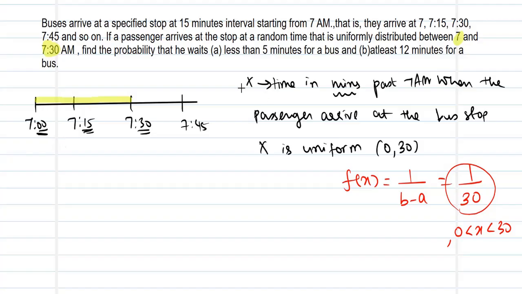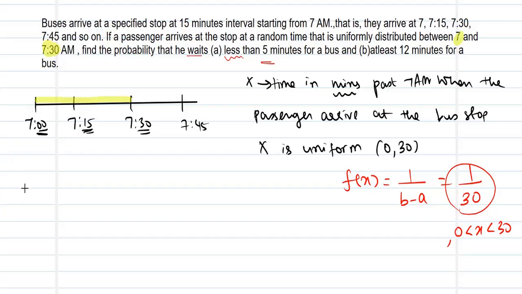Now coming to the first case. What is the first case saying? He has to wait for less than 5 minutes. But if he comes exactly at 7, will he be catching that bus? No, that is not possible. So catching the 7 o'clock bus is ruled out.